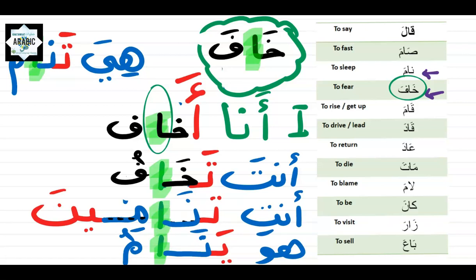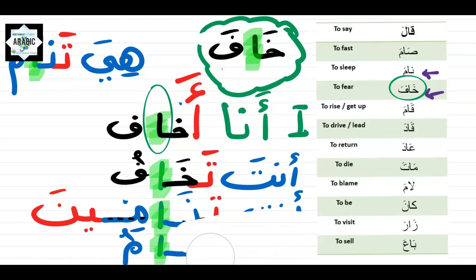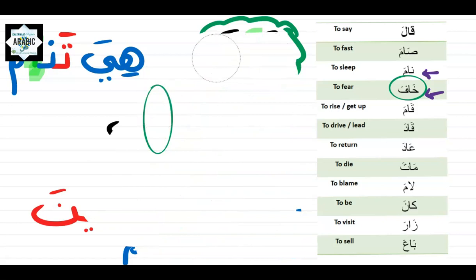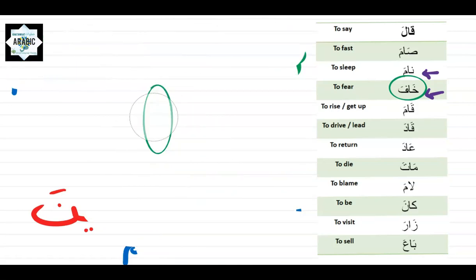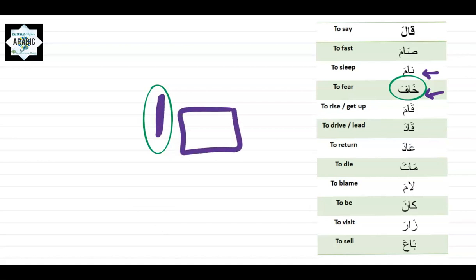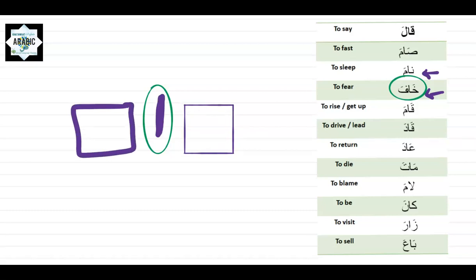So that will be all for how we could conjugate hollow verbs, أفعال معتلة. And I'll just give you one last thing to remember, that there are 3 categories when we're looking at the verb conjugation. So here we have, of course, the alif in the middle, and we do have one letter at the beginning and then another letter at the end.